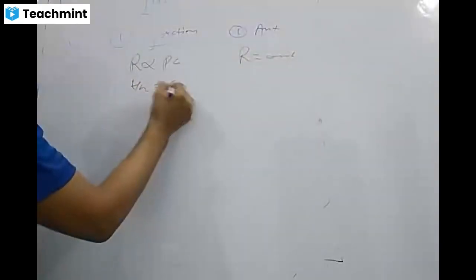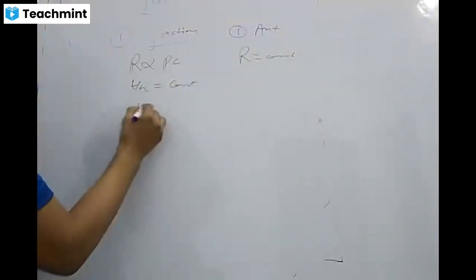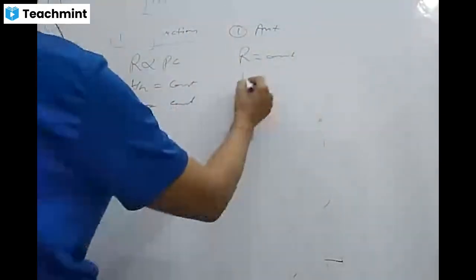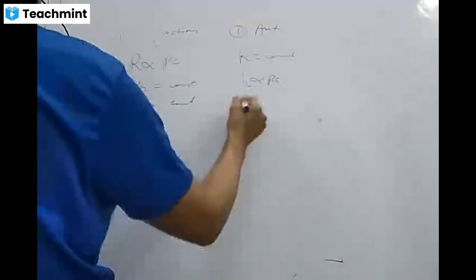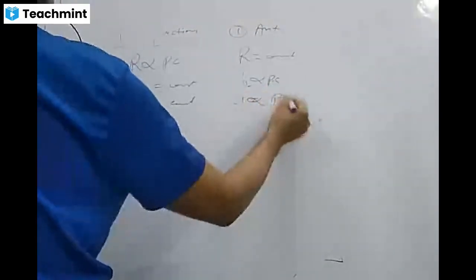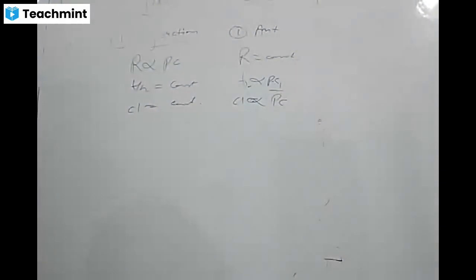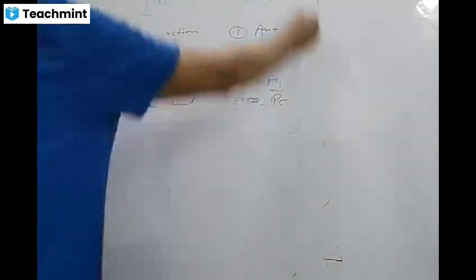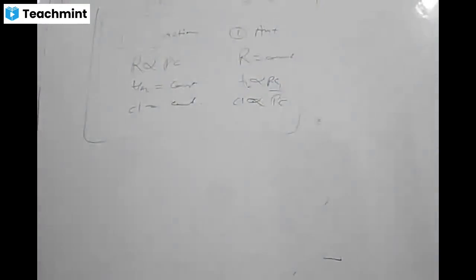T half is constant in first order. Clearance is also constant in first order, while in zero order T half is directly proportional to plasma concentration and clearance is inversely proportional to plasma concentration. So these are the four things you need to memorize, or if you want to calculate, you can use these examples of first order or zero order, from 100 to 50, 50 to 25. In case of zero order, 100 to 80, 60, 40, 20.